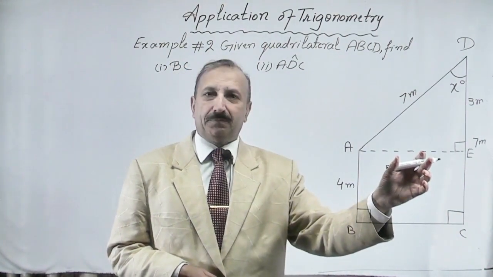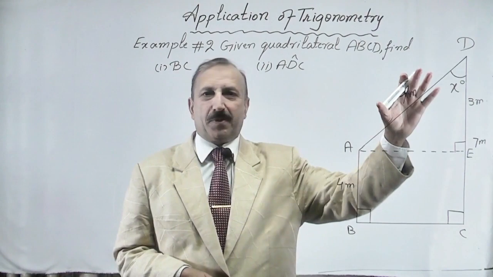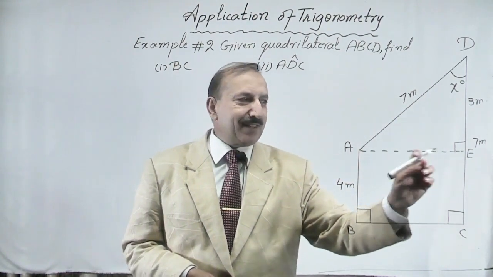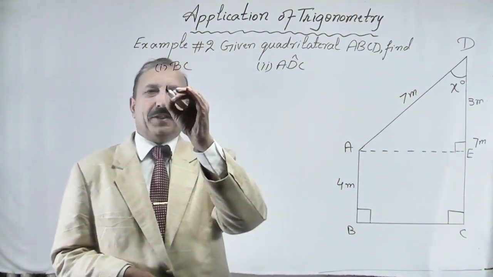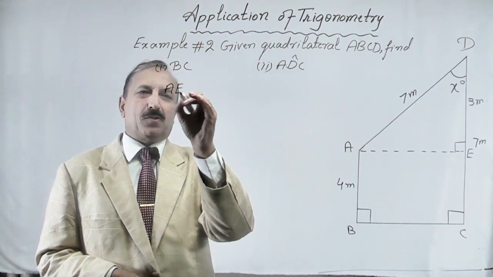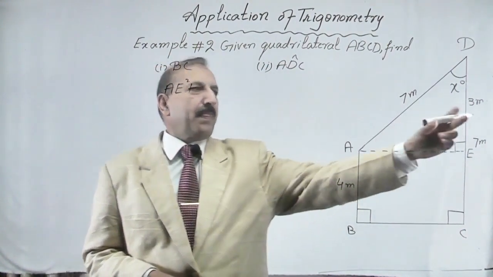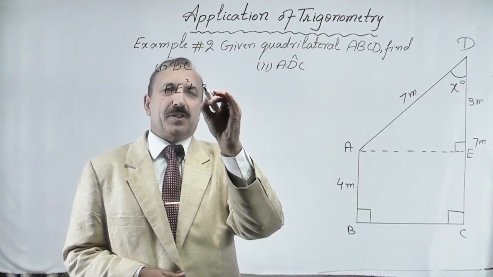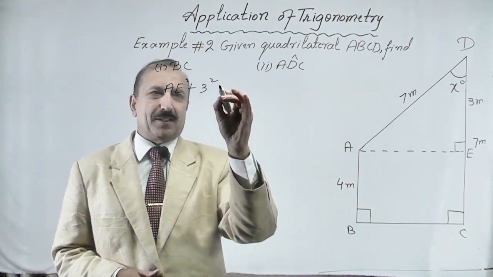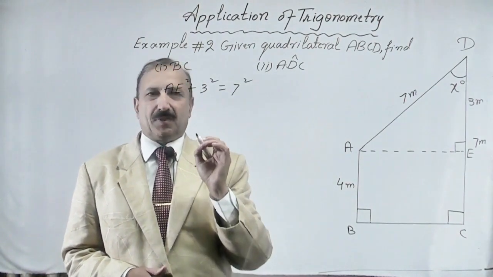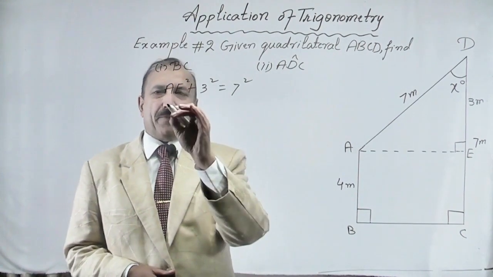These are two of the legs, and this is the hypotenuse, and this is AE. We will find AE: AE squared plus this second leg, 3 squared, is equal to 7 squared, my dear. Let's simplify it.